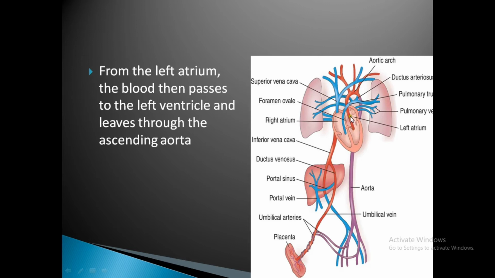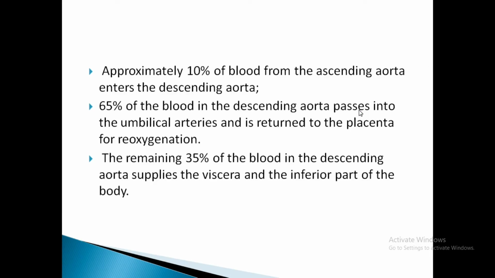And 10% of the blood from the ascending aorta will pass into the descending aorta, and among the blood that has passed into the descending aorta, 65% will then return back to the placenta for reoxygenation, whereas the 35% blood in the descending aorta supplies the viscera and the inferior part of the body.